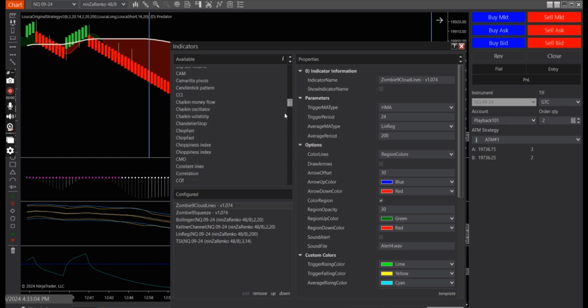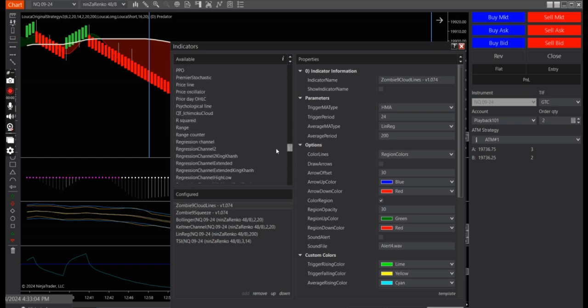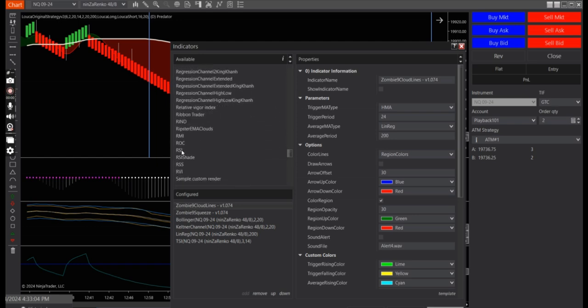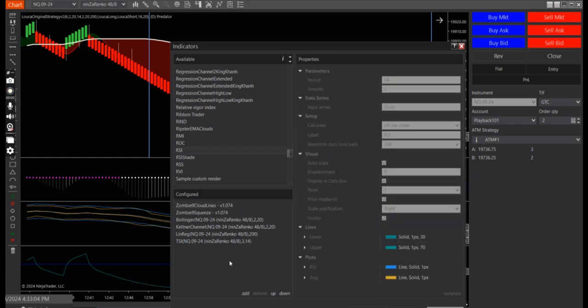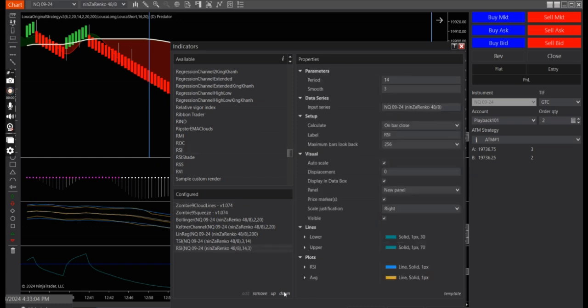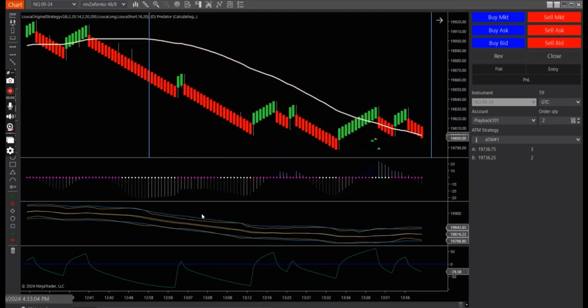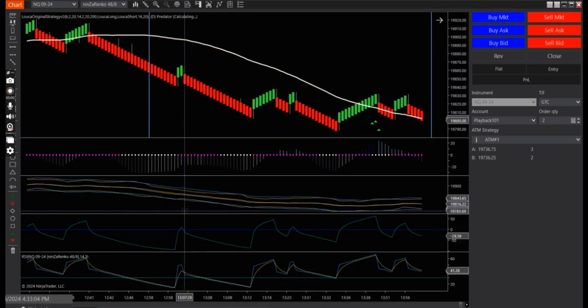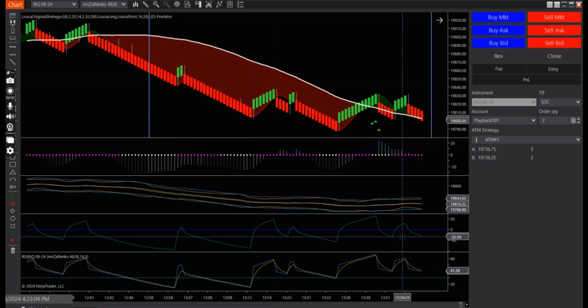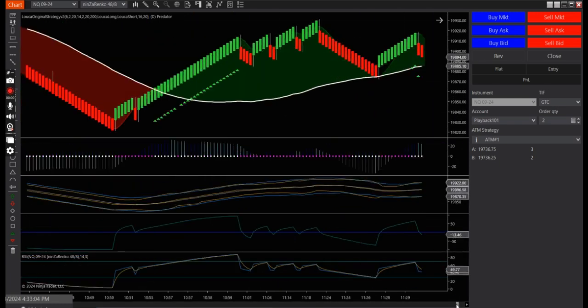Also the RSI. Let me pull up the RSI really quickly. RSI right here. Click OK. The RSI here didn't really make a difference, because what I did was I looked at all the losing trades and saw where the RSI was.